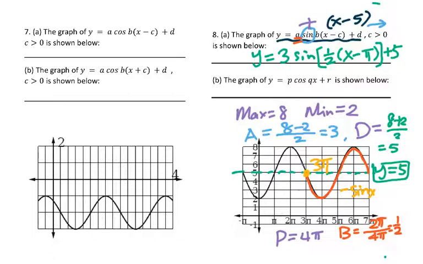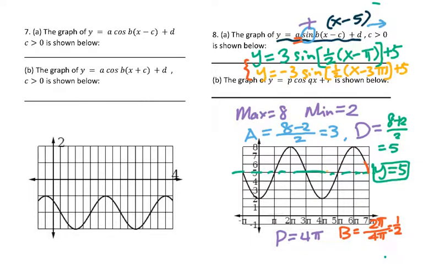Therefore, I can write down the function like y equals negative 3 sine, 1 over 2, then x minus 3 pi, plus 5. Both will be the correct answer because for A, it didn't say A is positive or negative.